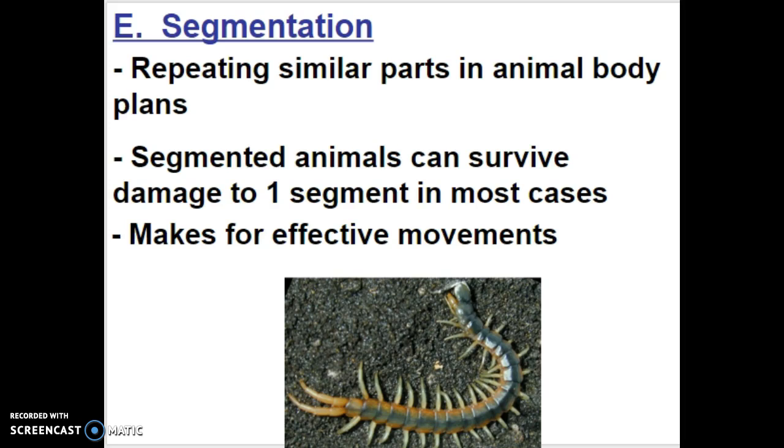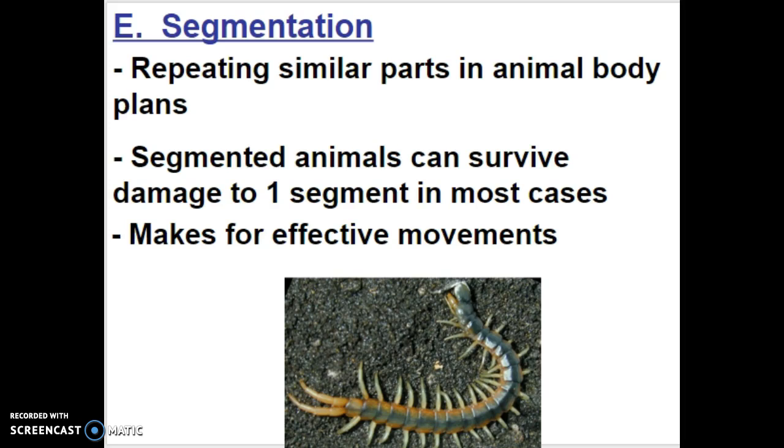Segmentation is another animal characteristic that leads to complex body structure. When you're segmented, you have lots of repeating similar parts. Most segmented animals can survive damage to a segment in most cases, and some can even regenerate or regrow those segments. For animals, especially without a backbone, so invertebrate animals, it makes for very effective movement.